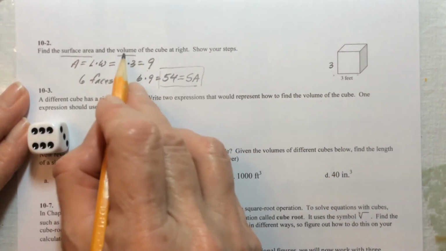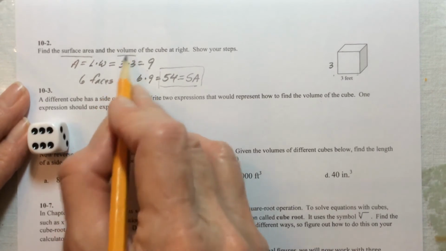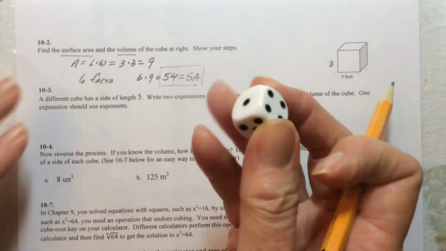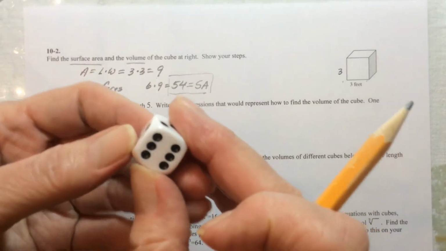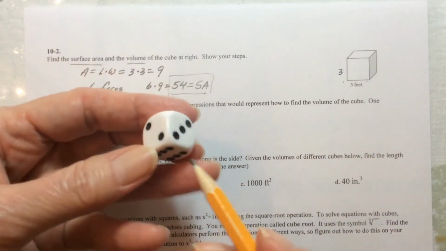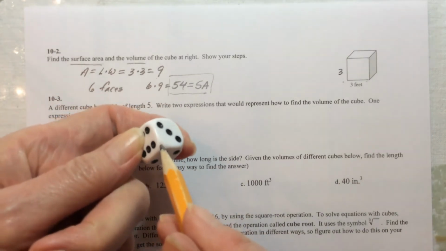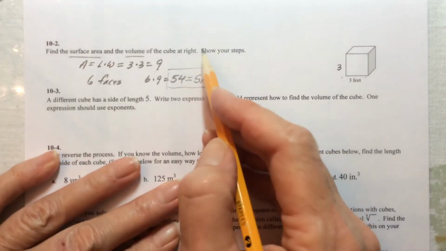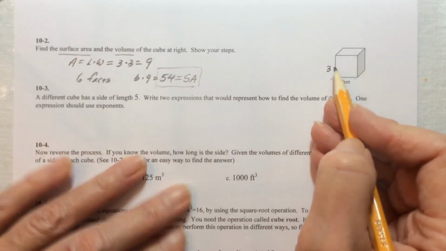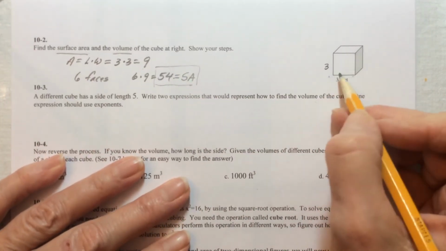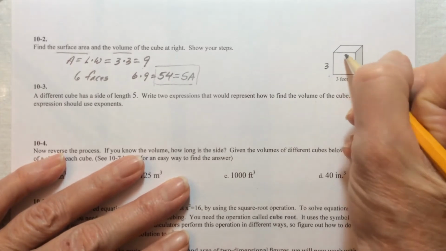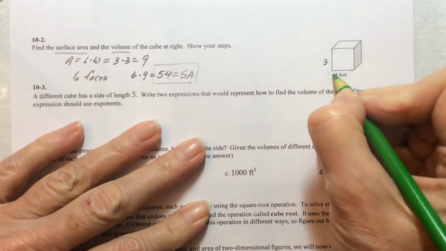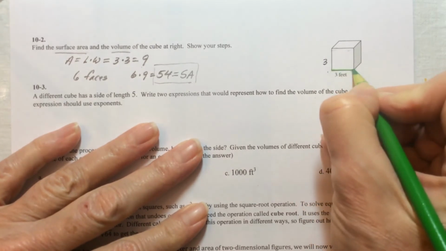Now we need to find the volume of the cube. Surface area is all the different faces on the outside. Now we're going to figure out how much space would be on the inside of this cube. To do that, we need to look at this as here is one dimension. So 3 feet is one dimension.